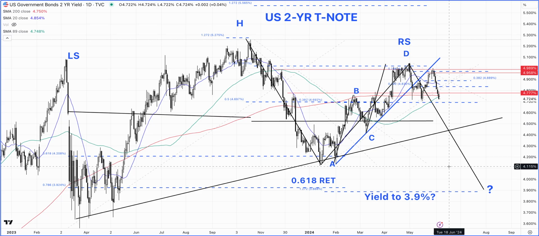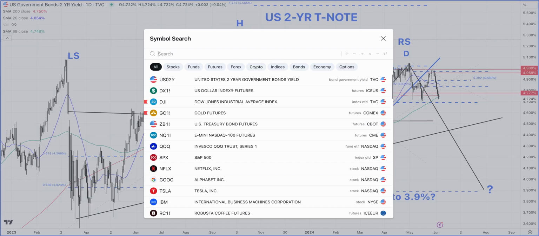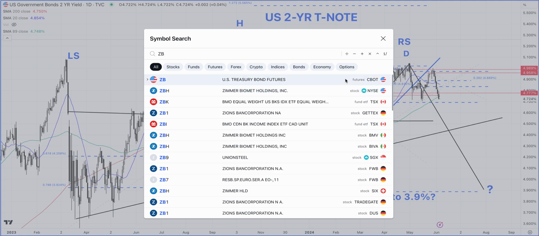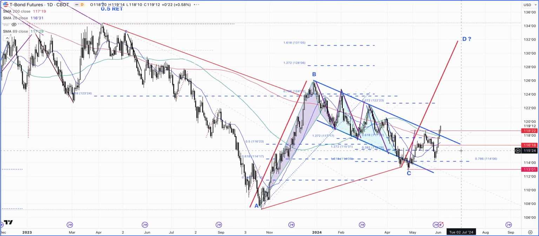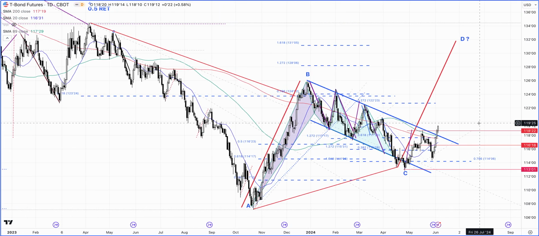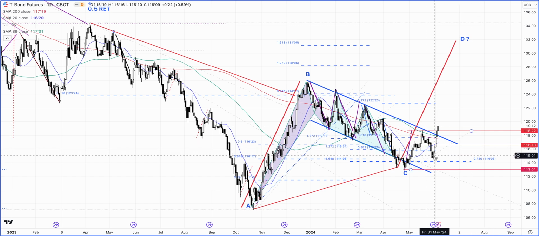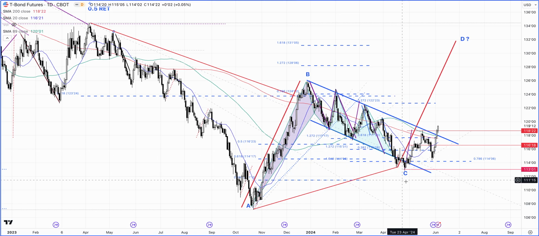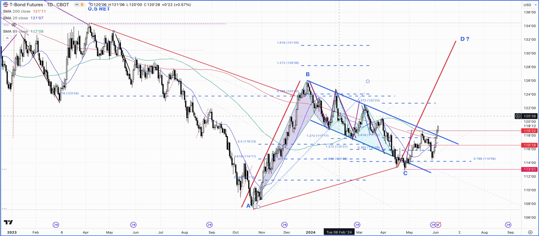Okay, now if we take a look at the longer end of the curve, so the long bond futures, something really interesting happened today. And we can see that over the course of last few trading days, in fact last week, starting from 30th of May, there's a rally going on in this market. So it's moving higher, and this is something which we were expecting, and we had marked this as point C here, but we were waiting for some confirmation because we had a nice move higher and then it just kind of collapsed back right into it.